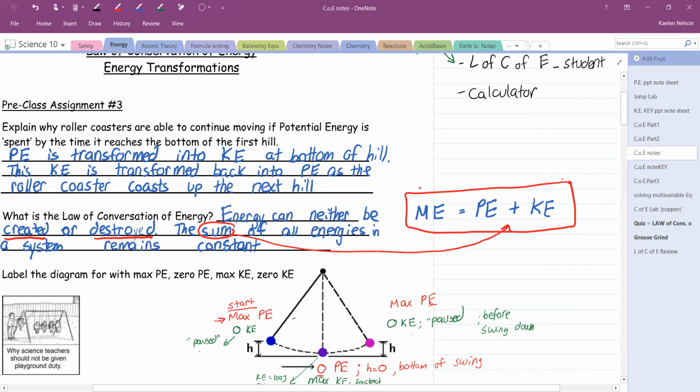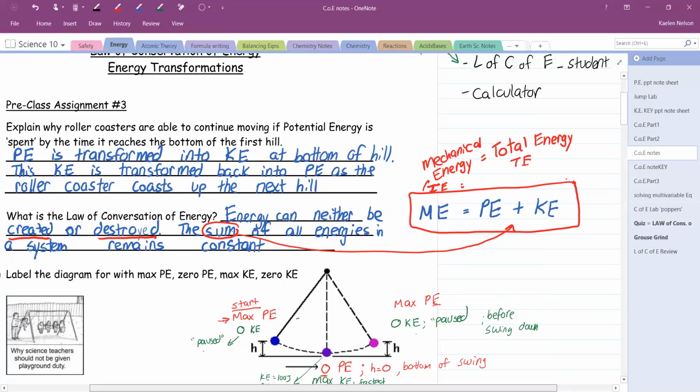That's the sum of the energies. And as a reminder, mechanical energy, ME, in other equations and word problems is also referred to as total energy. So if you see the term total energy, sometimes it'll be TE over here to include in your equation.